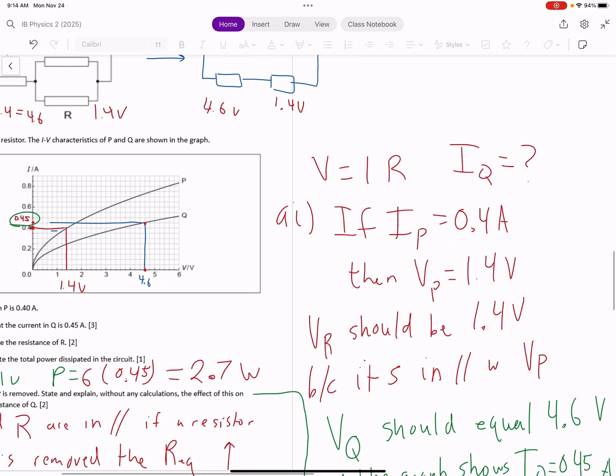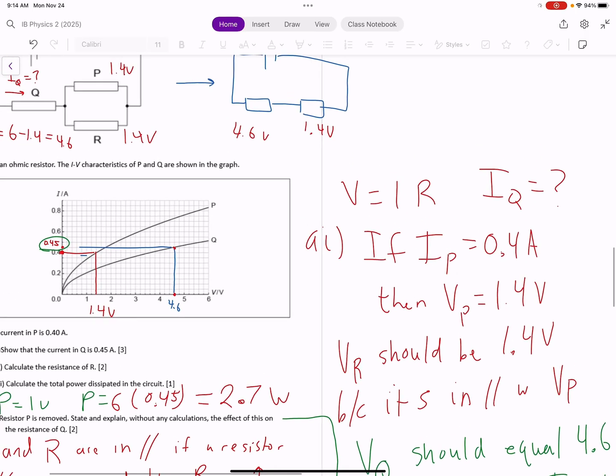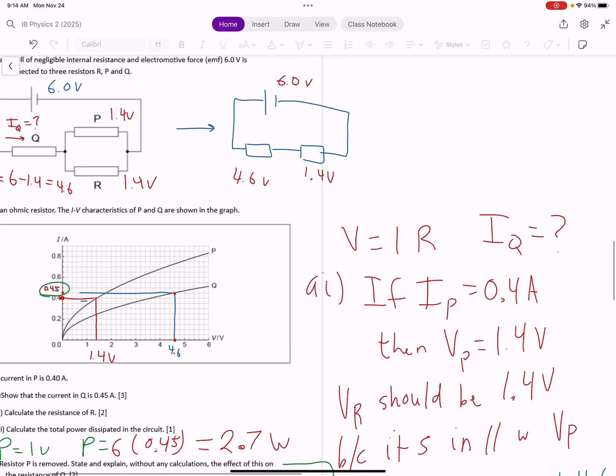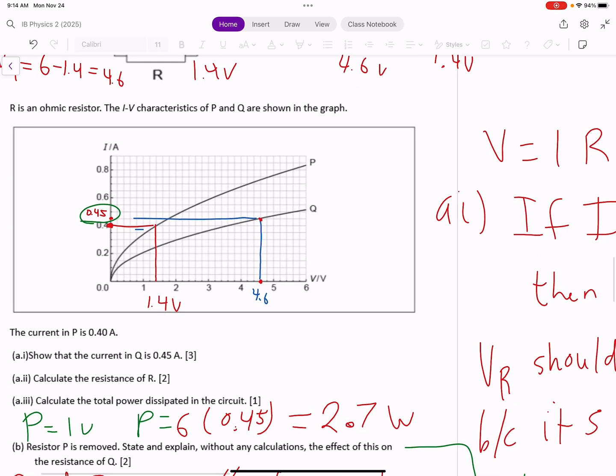So I said if the current in P is 0.4, then the voltage is 1.4. How do I know the current is 0.4? Well, that's told in the question. The current is 0.4. I go to the graph, and here you see I have a dot at 0.4.